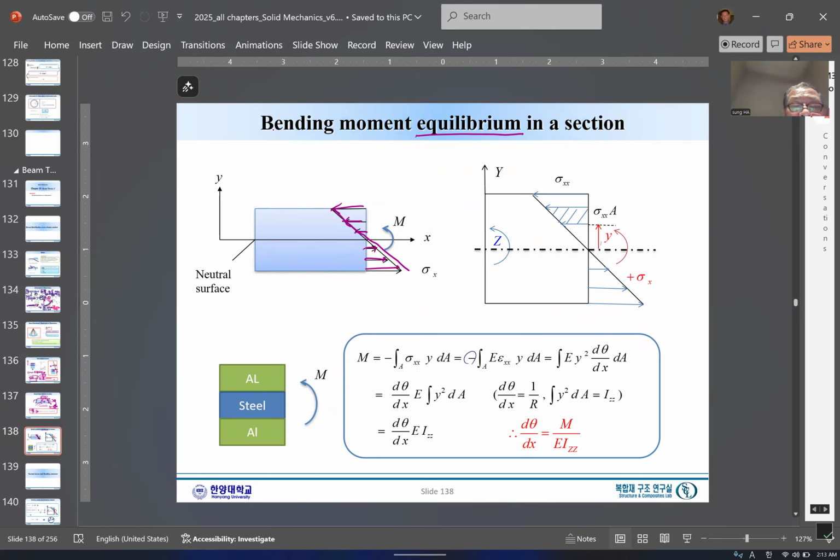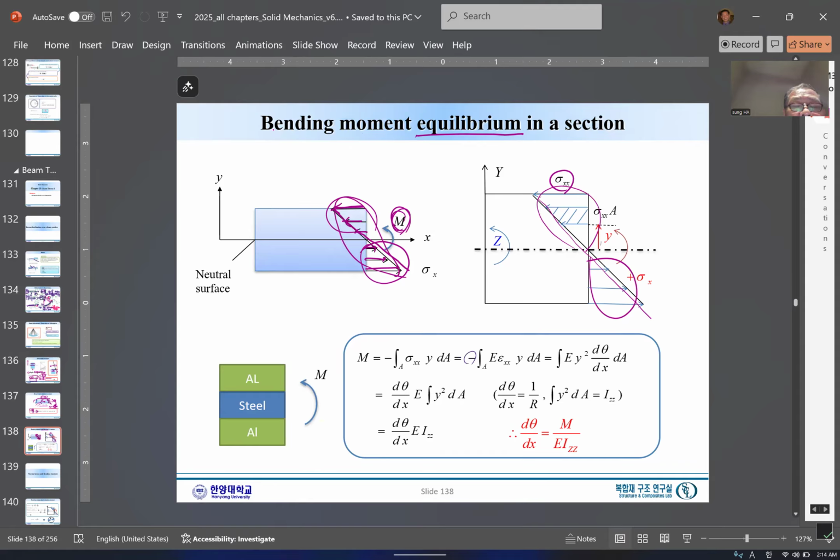So this stress sigma x will vary like this. This stress will be equivalent to this moment, or the stress resultant will be the moment.